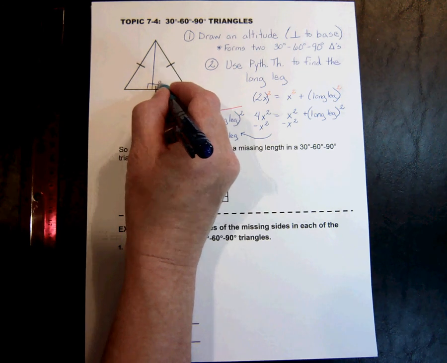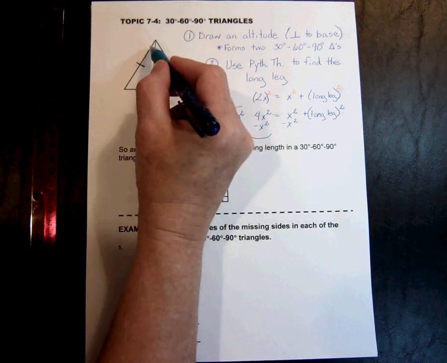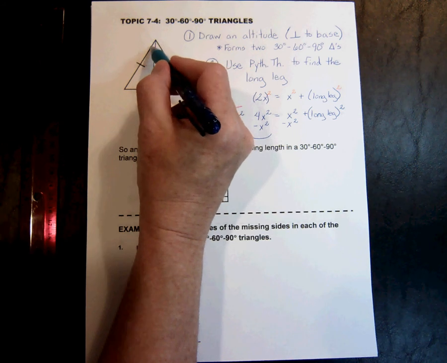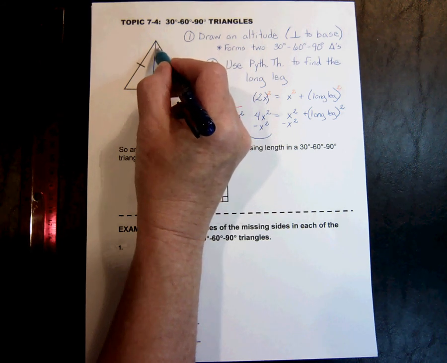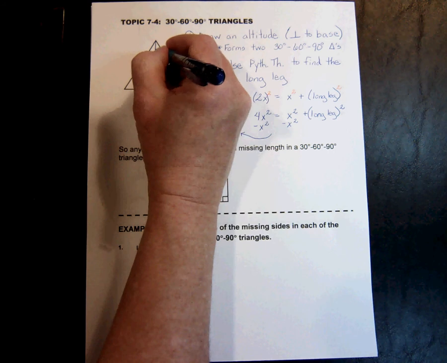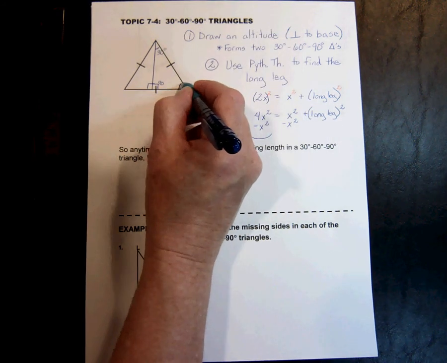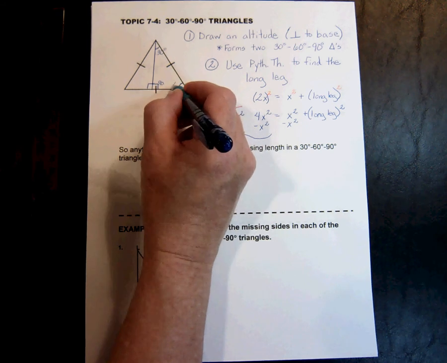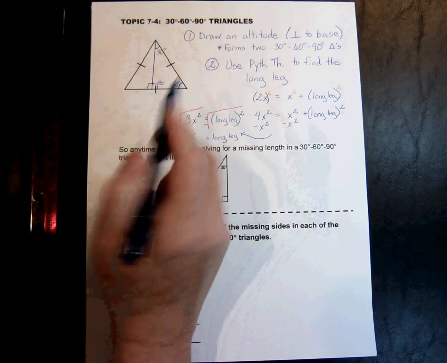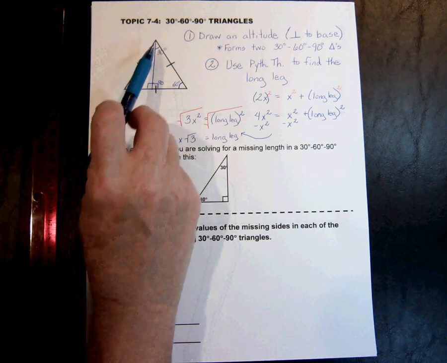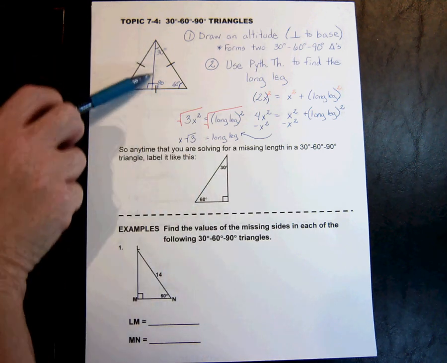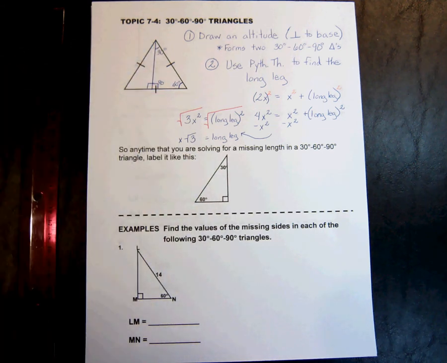This is your 90-degree angle. You've now bisected this 60-degree angle to make that 30. And this one we didn't bisect, and we know the equilateral triangles have all 60-degree angles. So 60, 60, 60 now becomes this 30, 60, 90 special right triangle.